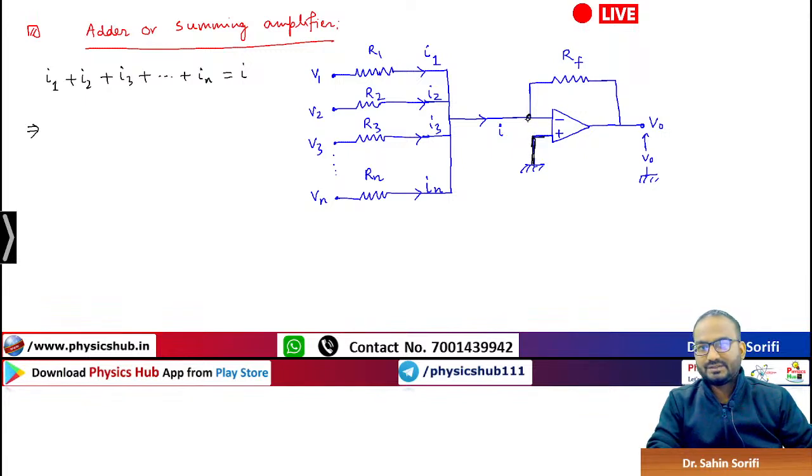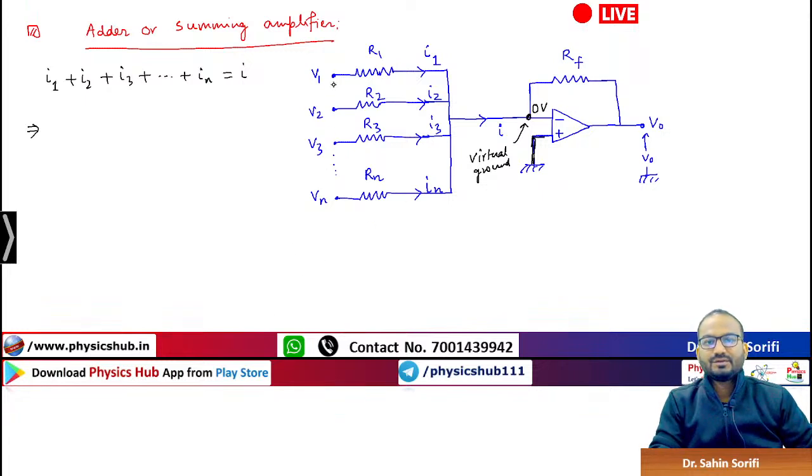So this point will be at the virtual ground, because this is joined by feedback resistance. So this will act as a virtual ground. What does it mean? The potential of this point will be 0 volt.